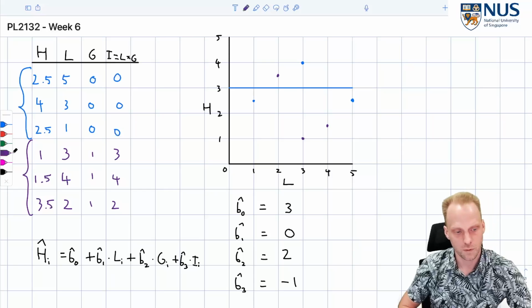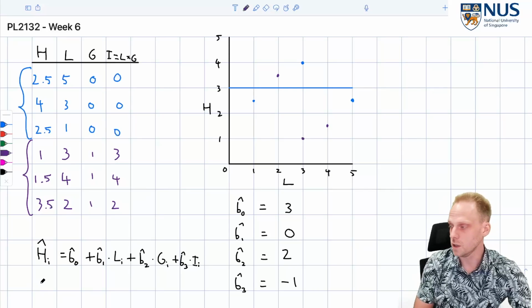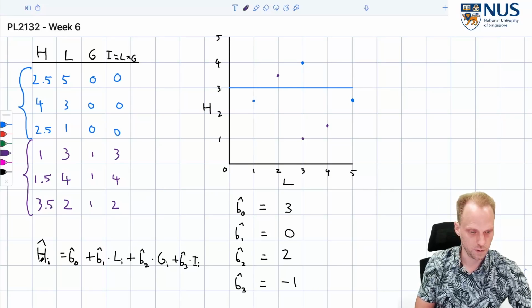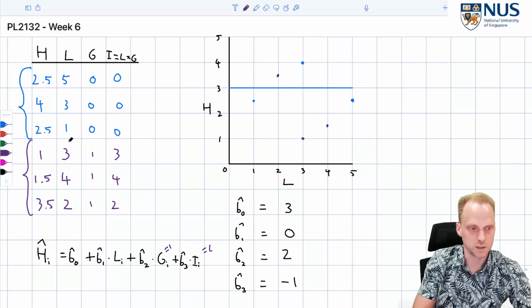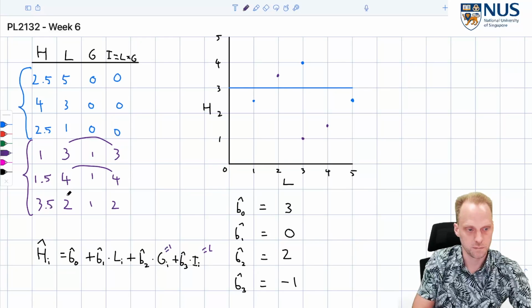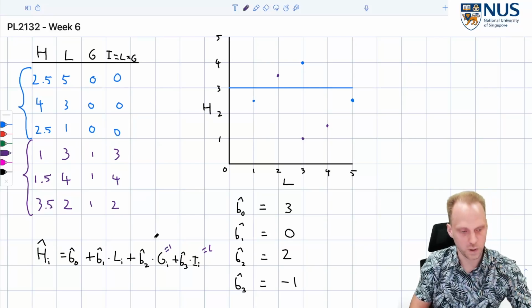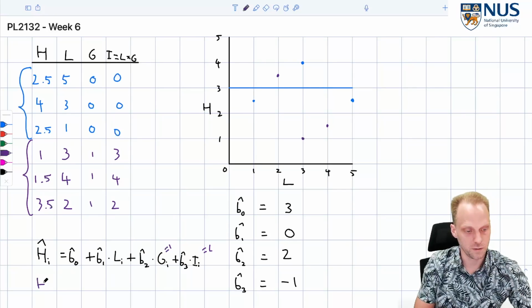Now, for the purple line, we can see that then this is 1, and the interaction effect is actually then the same as the loneliness variable, because this is the same. So we can see that again as a linear regression model.